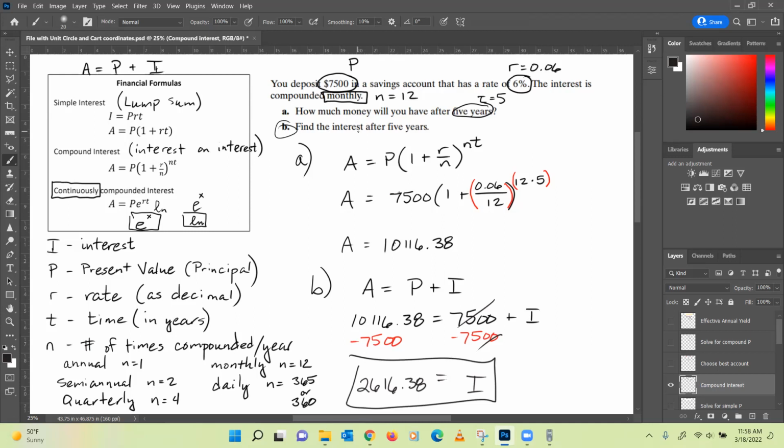And so if you're to find how much interest you paid on your car over 5 years, just add up all of your payments and subtract from that the amount of the loan, and the rest is interest. You won't use these formulas to calculate the interest. What you will do is you will use your future value and subtract the present value, and that will give you the total interest.